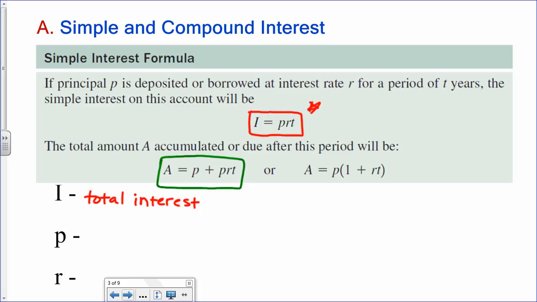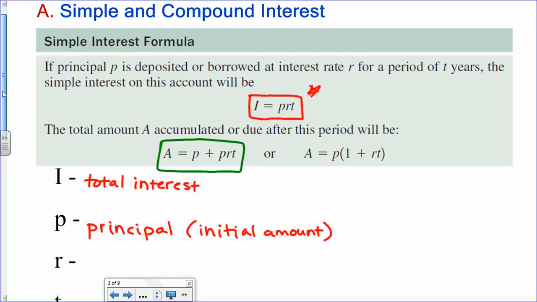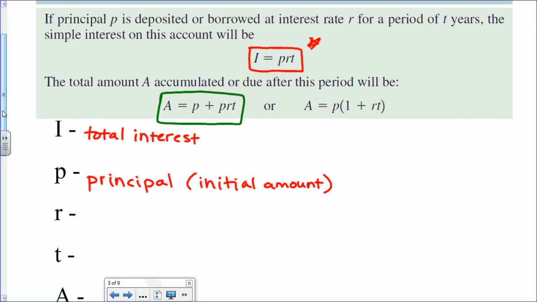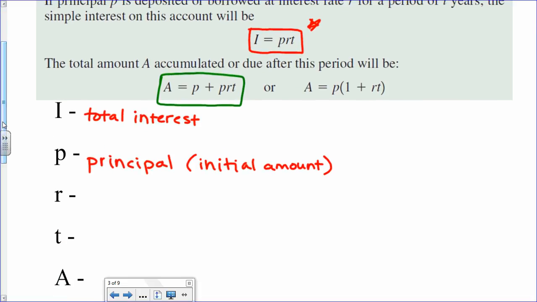Okay, so I stands for your total interest. P is your principal. That means your initial amount that you invest or that you start with. Initial amount. Okay.